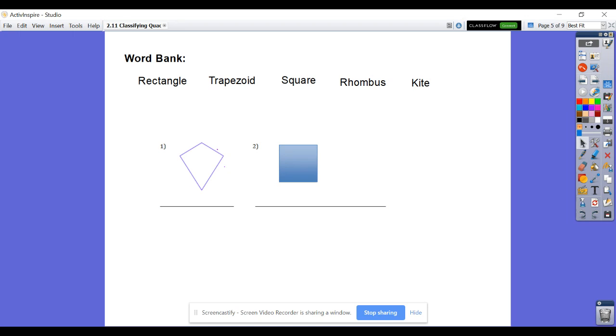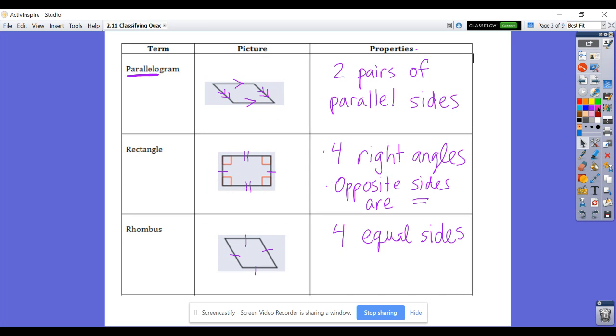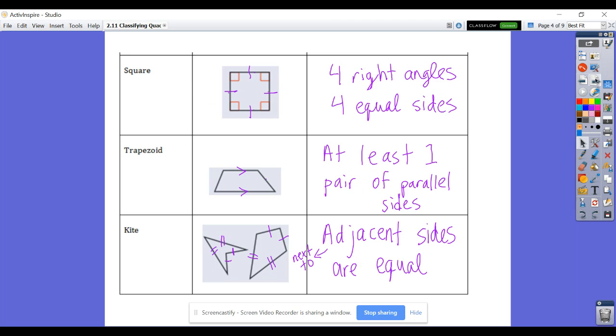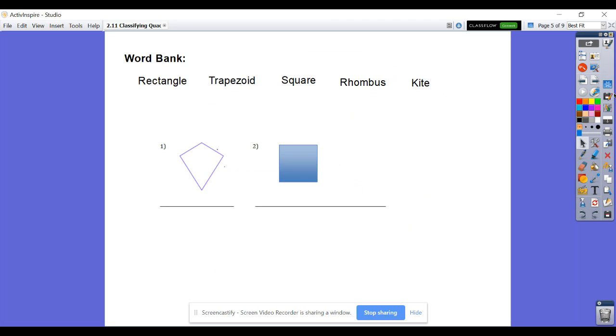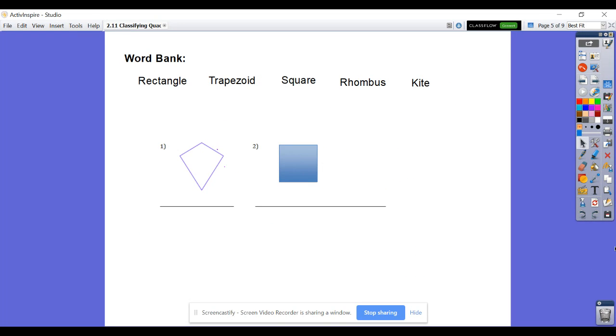Square's got to have right angles. Not a square. Would it be a rhombus? What did a rhombus say? Let's look back at our definition. Rhombus had to have 4 equal sides. Not a rhombus. Would it be a kite? What do we know about kites? Adjacent sides are equal. Ding, ding, ding. I see that my adjacent sides are equal here, so I'm going to call that one a kite.